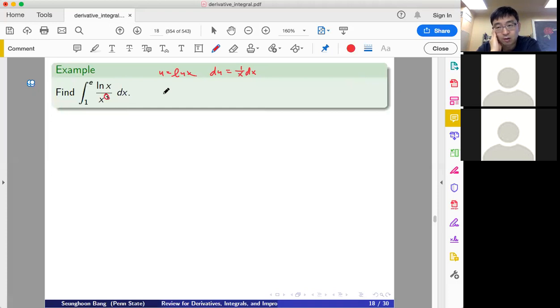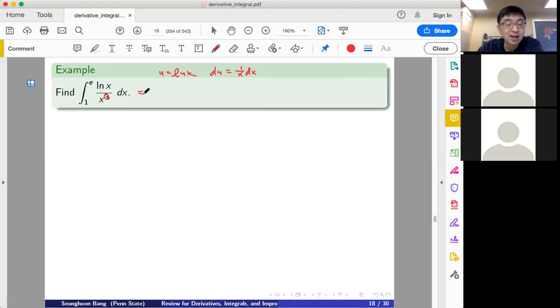What is the remaining method? The remaining method is integration by parts. When you use integration by parts, you can read my review part: a product of two functions, an algebraic function times a transcendental function.